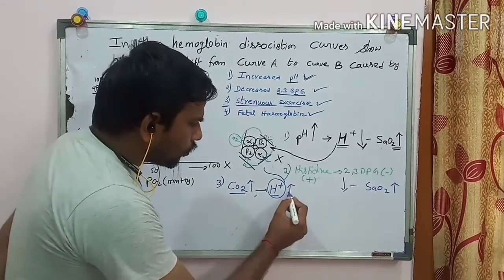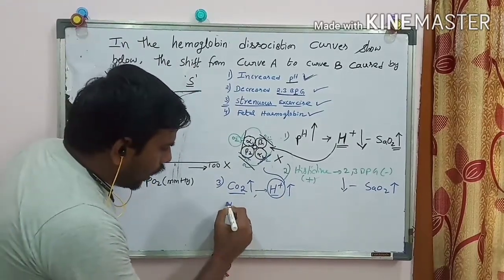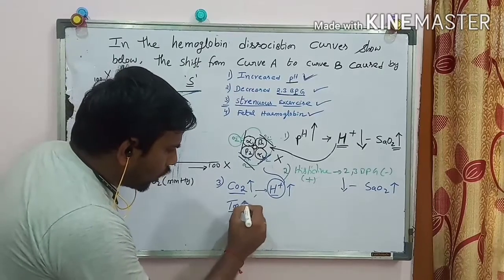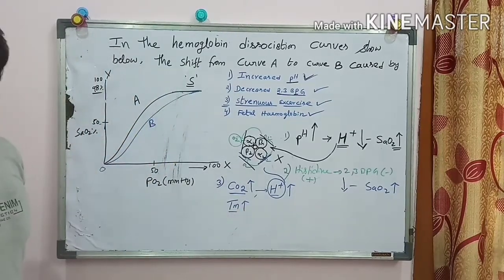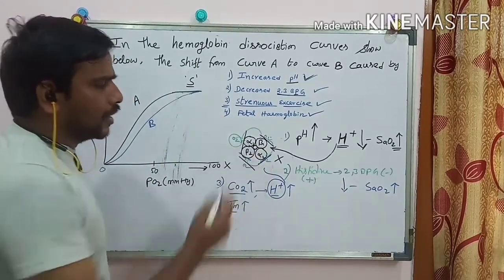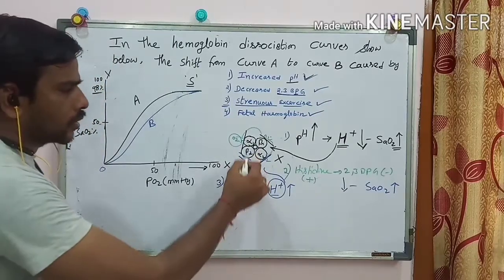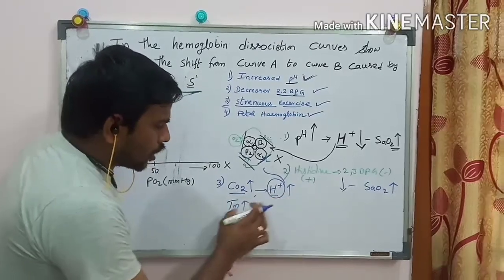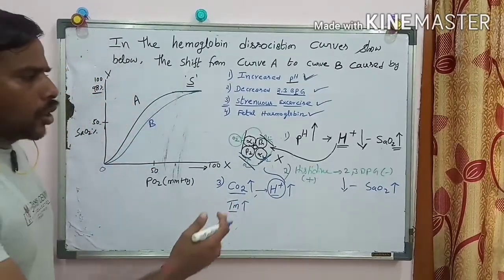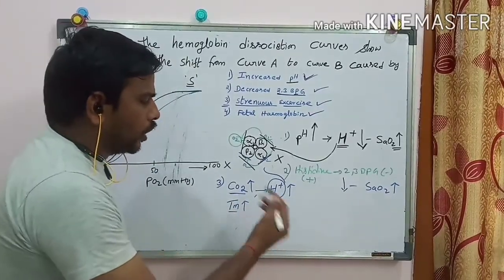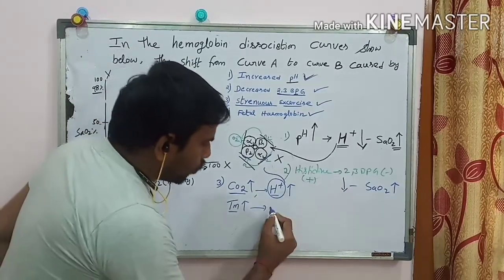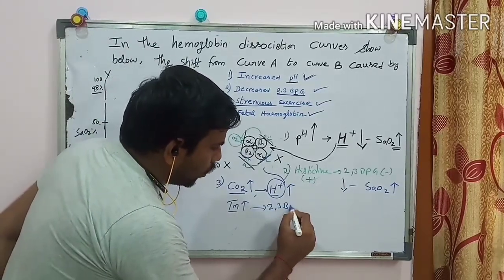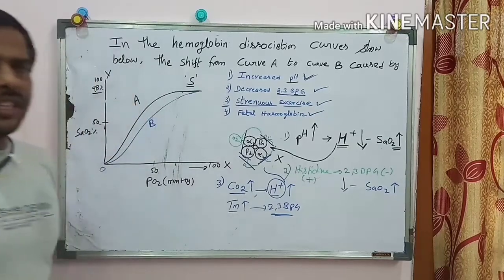Understanding or not? Other than that, in a person who is doing exercise, the temperature also rises, and that temperature also disrupts the bonding between oxygen and hemoglobin. Now, with this CO2, H plus and higher temperature, glycolysis is going on more and more, and it also produces 2,3-BPG, a glycolysis intermediary molecule.